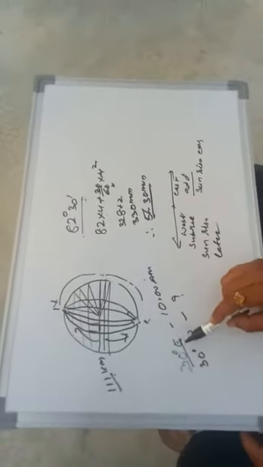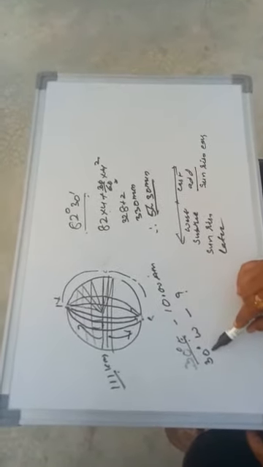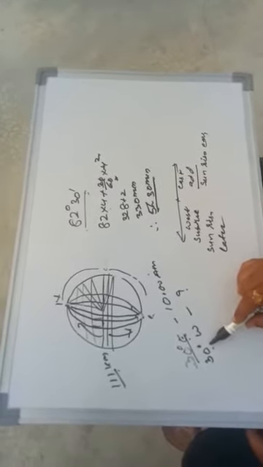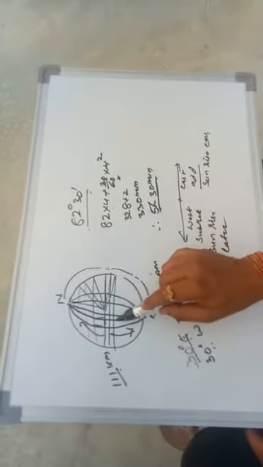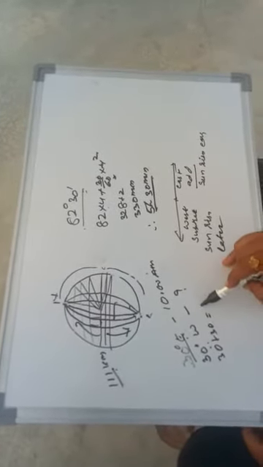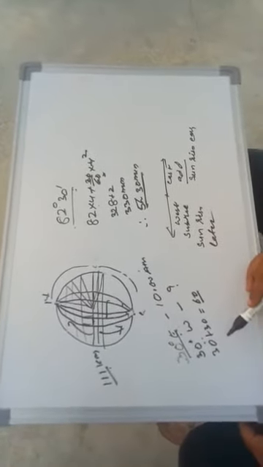Simply the difference, 30 degrees. It means we are 30 degrees east of the prime meridian. 30 degrees west means we are 30 degrees west of the prime meridian. So the total difference is 30 plus 30 is equal to 60 meridians.